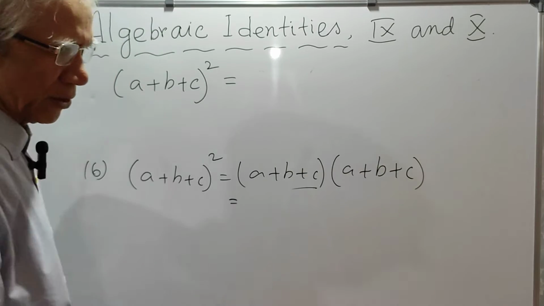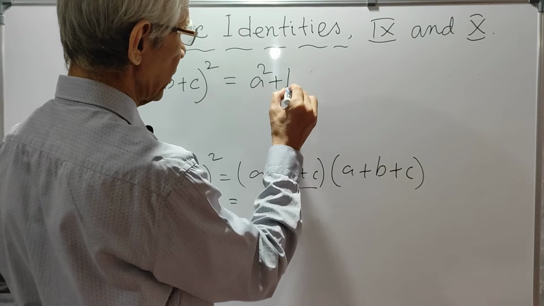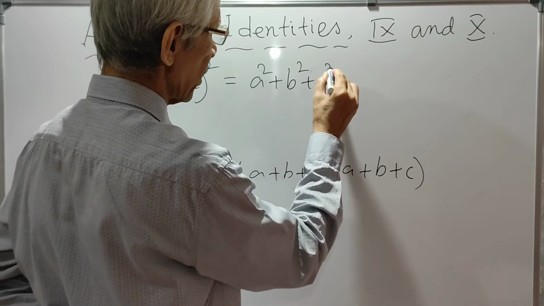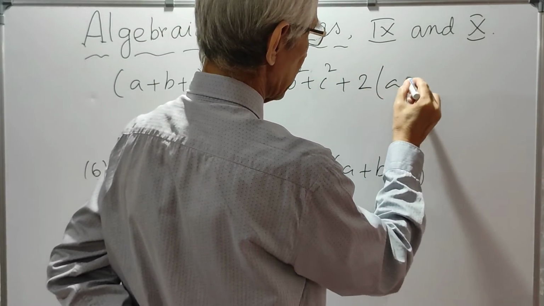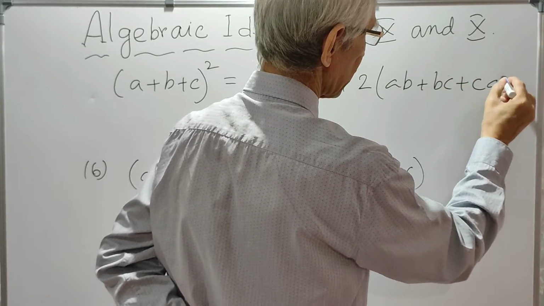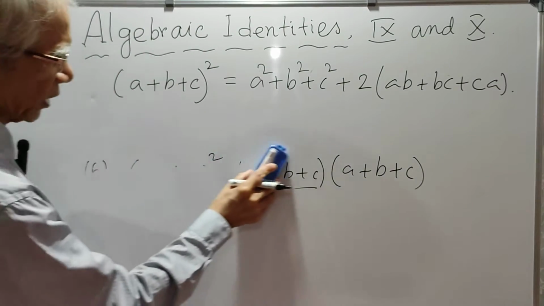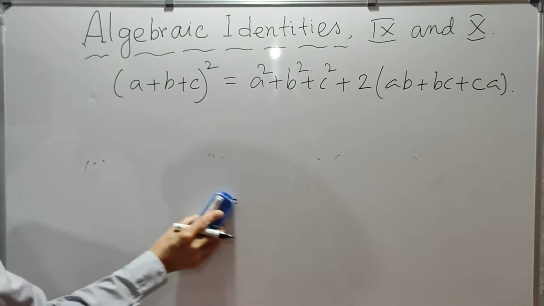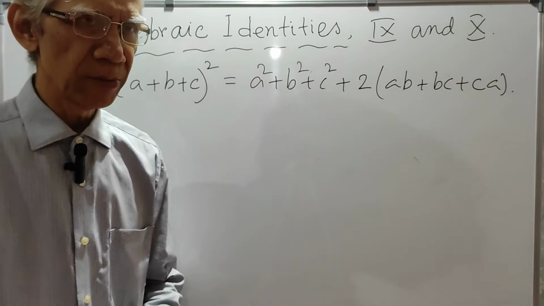Now you do ordinary multiplication. So you will get a square plus b square plus c square plus 2ab plus bc plus ca. So this is what you will get, and that is the sixth identity. So the first identity was a plus b whole square, binomial whole square.